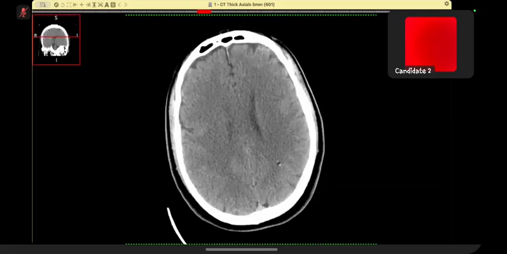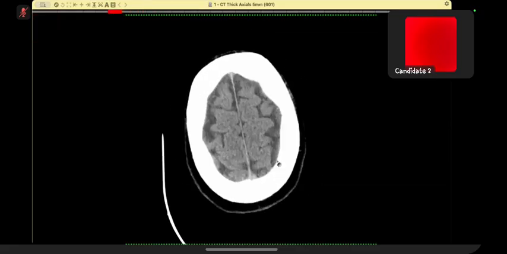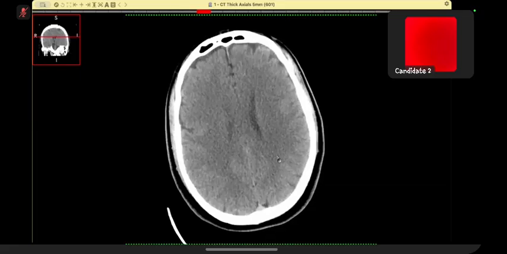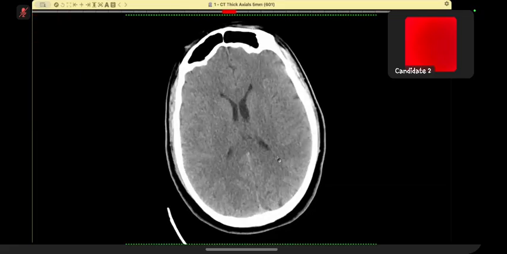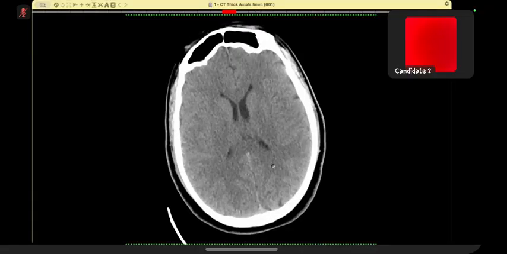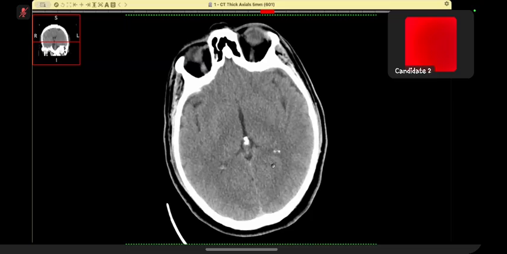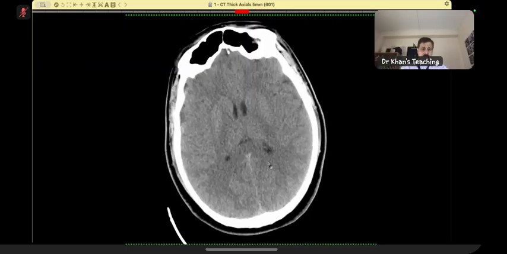Coming back to the parenchyma, I can see that the splenium of the corpus callosum appears to be slightly thickened. Don't worry about it.